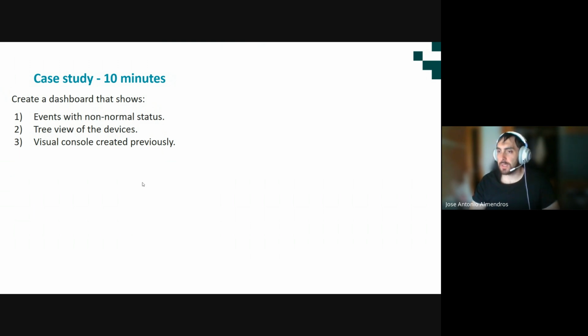I give you 5 minutes to finish this exercise, and then I correct the exercise, and then we finish with the last point of the course that is very short. It's just talk about bulk operations. I give you some minutes to finish this exercise to create a dashboard, and then I will do it myself.